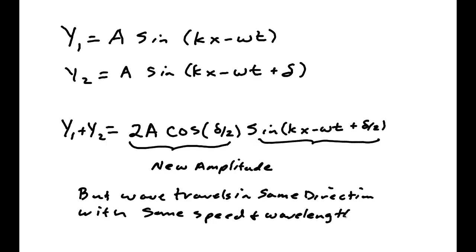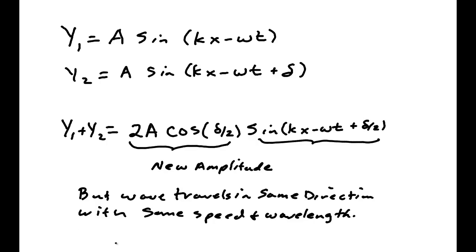So if you put two red light rays together, then you'll still get red light, and it'll still be traveling the same direction, but the brightness of that red light can vary anywhere from 2A to 0, depending on what this cosine of delta is.